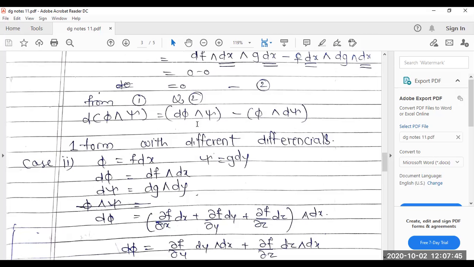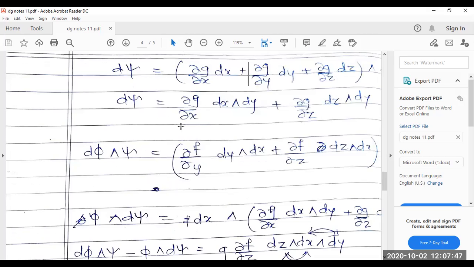So let us evaluate firstly d phi wedge psi. d phi is already with you. Just take the wedge product with psi. This is the term for d phi, wedge product with g dy. So the result is an expression. In a similar way, we have to evaluate phi wedge d psi.